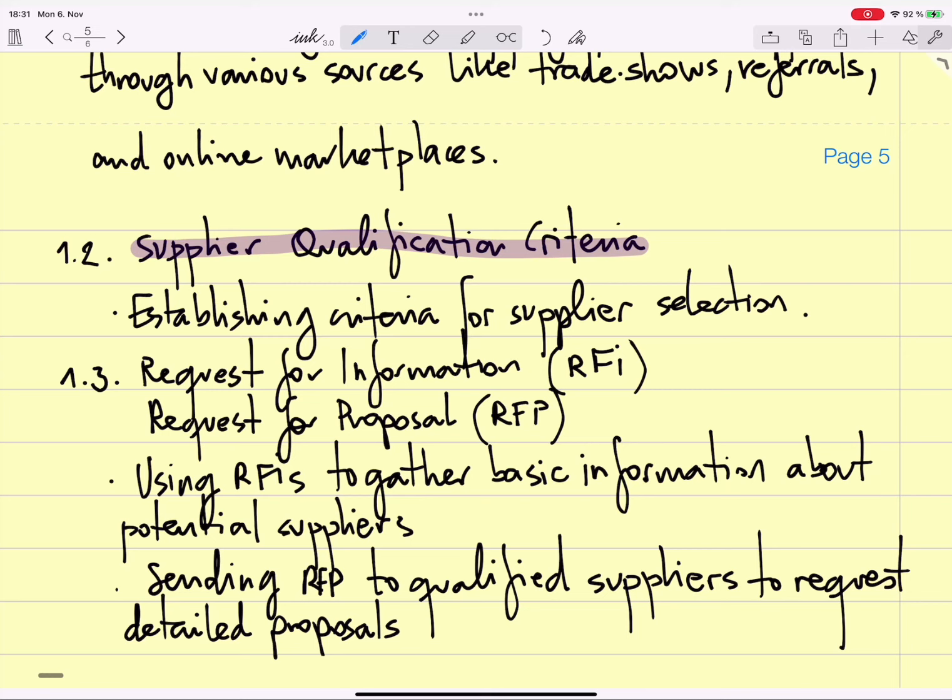Which may include pricing, delivery terms, quality control process, anything, okay? You name it.